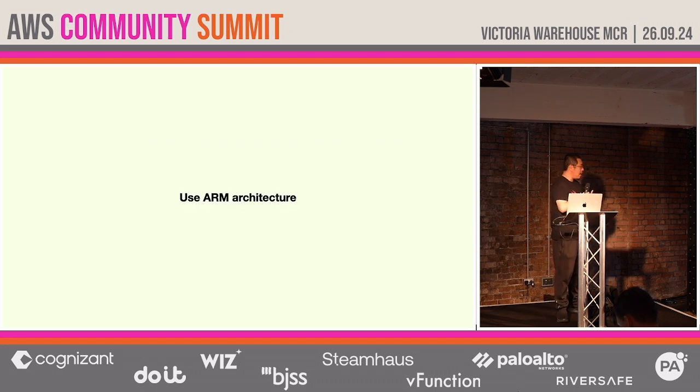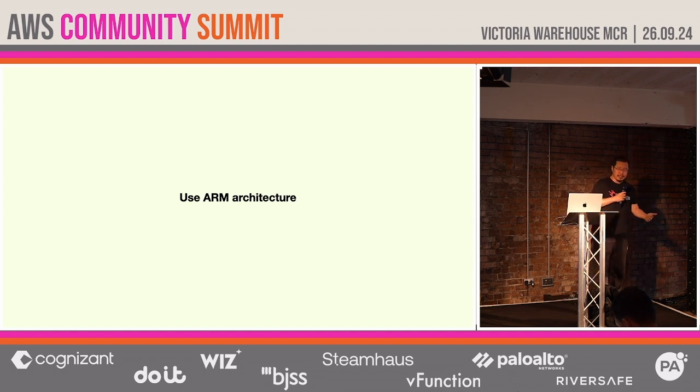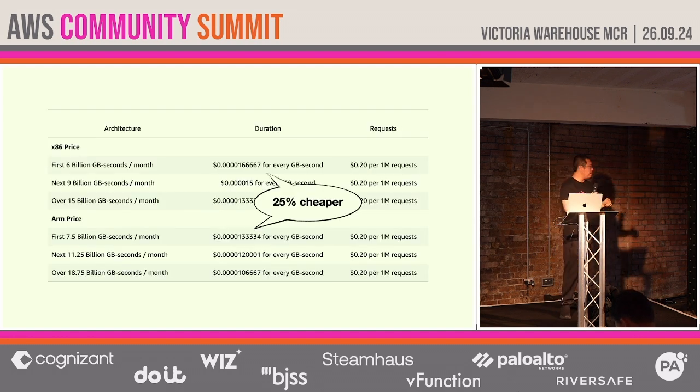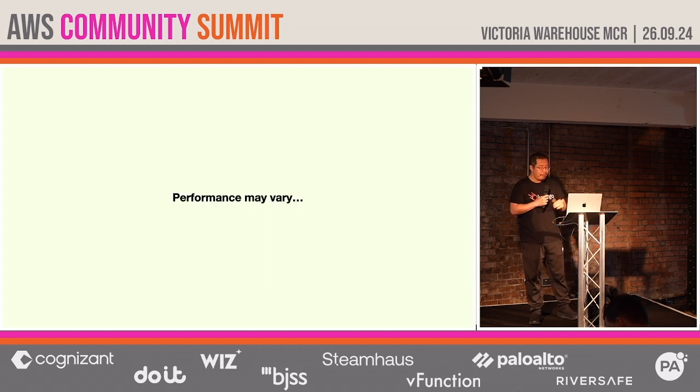Another thing to consider is to use ARM architecture instead of x86. The reason for that is because the per millisecond cost for a Lambda function running on ARM is 25% cheaper than x86. However, the performance of a function can differ greatly.